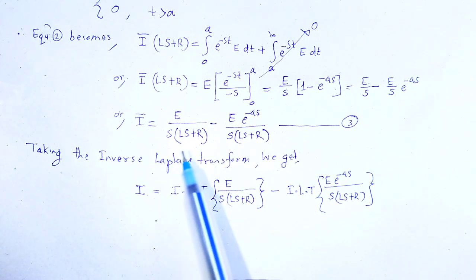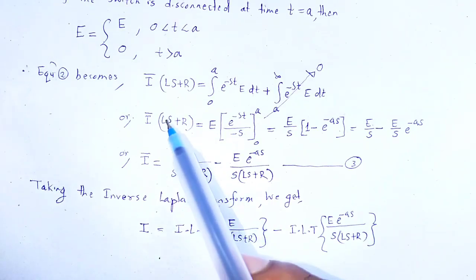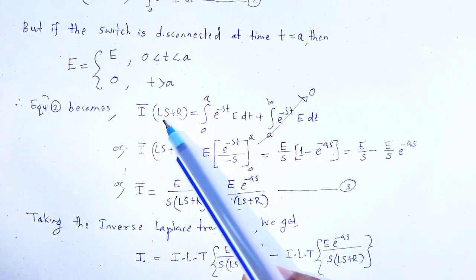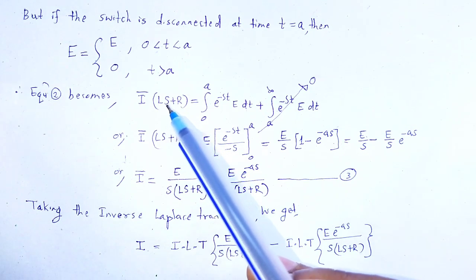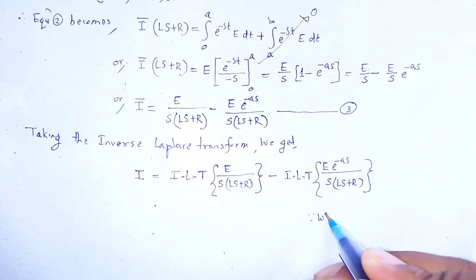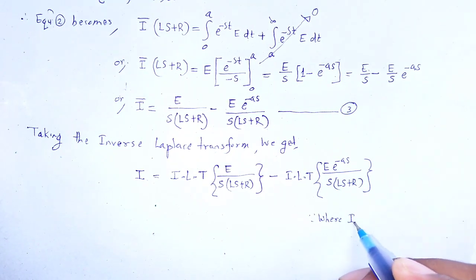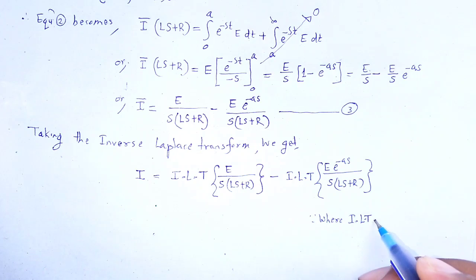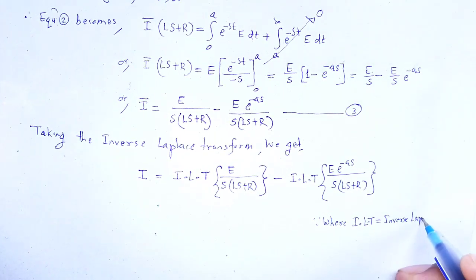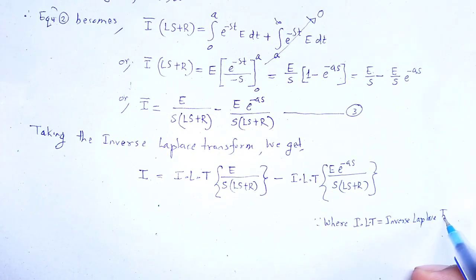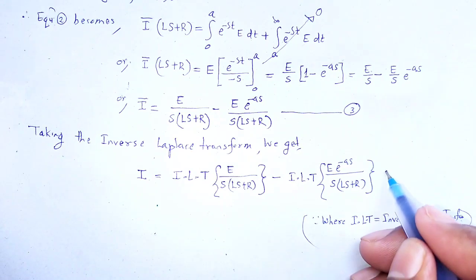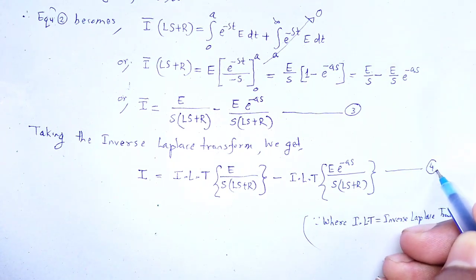Because there is the term L, the coefficient of self inductance. Therefore, we write ILT, where ILT refers to inverse Laplace transform. Call this equation number 4.